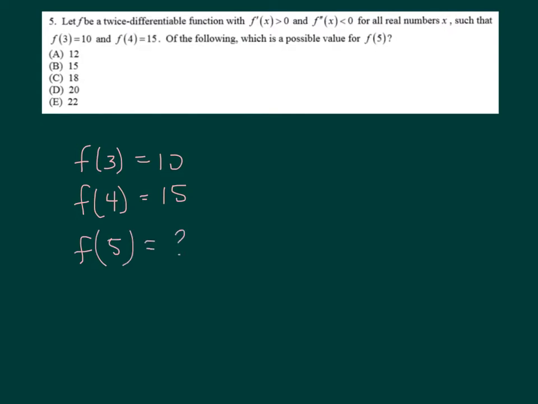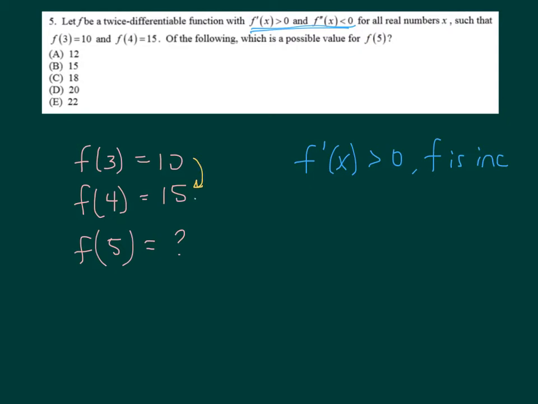Okay, so we need to analyze what this is telling us in order to answer this question correctly. So once again, what do we say it means when the first derivative is greater than 0? It tells us that f is increasing. So that means that our y values should be increasing for the original function. And if you look here, going from 10 to 15 is increasing.